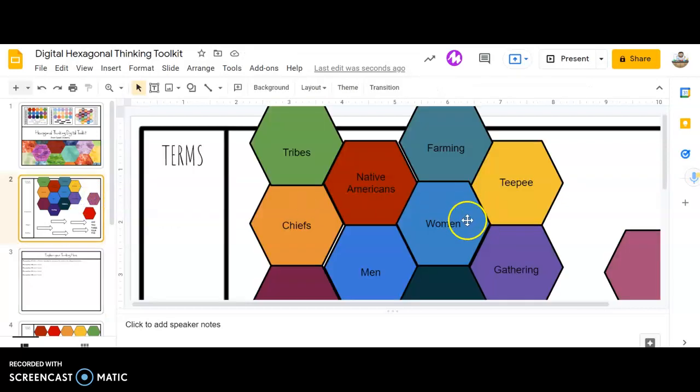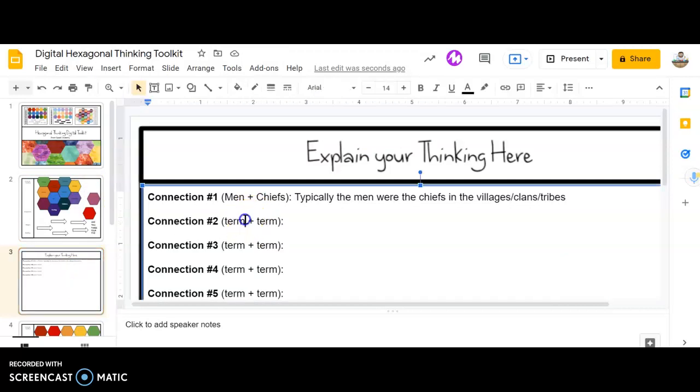Now, what did women in farming have to do with each other? I come back in here and I type in the two terms, women. I come over here and I type in farming. And what did I do? Control Z that and Control Z that. There we go.